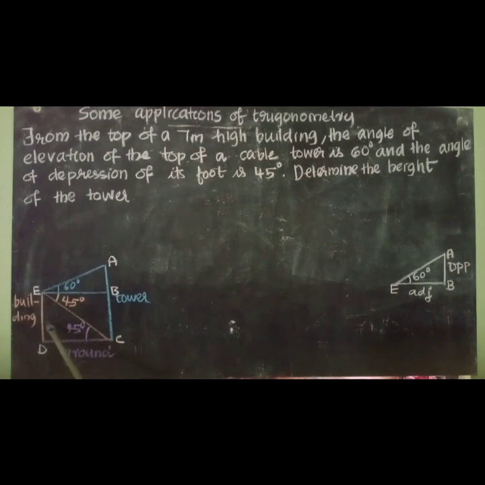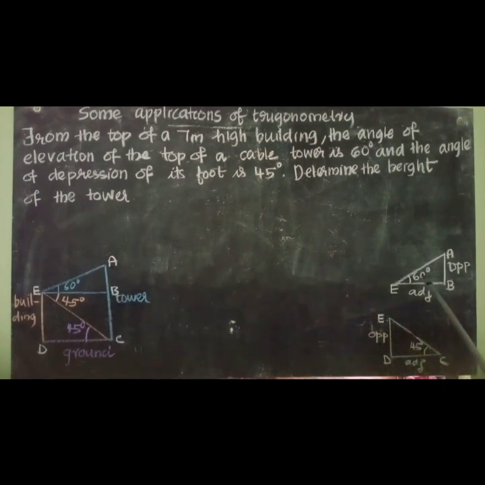This lower position right triangle is easy to take. You can select any one because both are congruent right triangles. But always we are selecting the right triangle with the angle of elevation. The question is to determine the height of the tower. That means we need to find out this EAC.